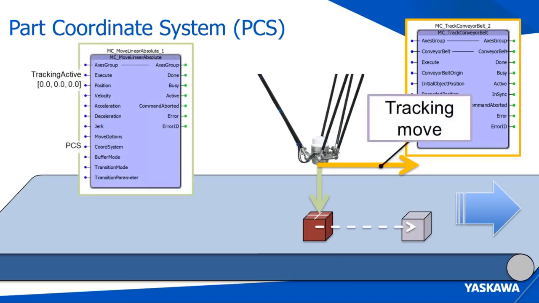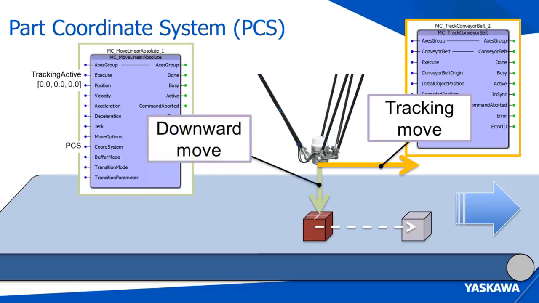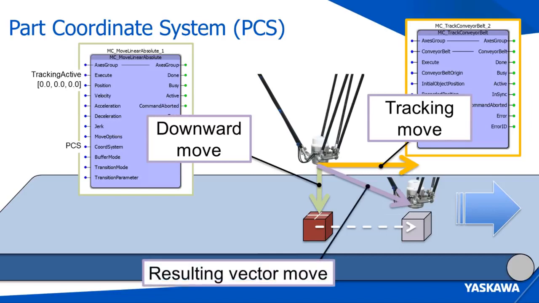I can use standard move function blocks to do a linear move. So if the conveyor belt wasn't moving, I would just say move down to 0, 0, 0 of the part, and it would move down and do that. So that's my downward move. The resultant is going to be, if we command that downward move and we have MC track conveyor belt active, the result is going to be this vector move that is a sum of the two other moves.